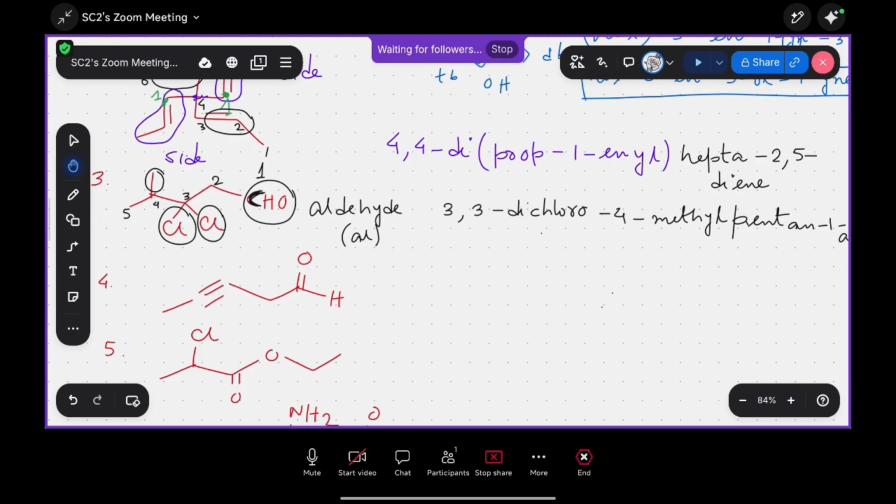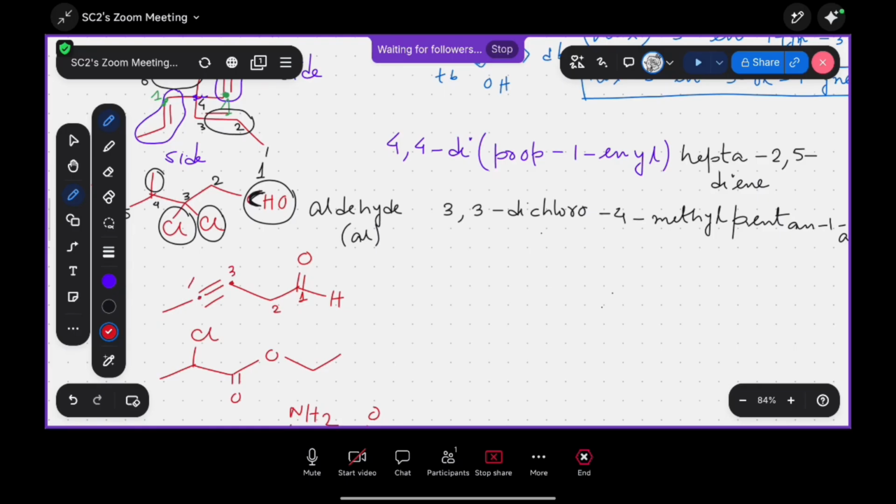What do you see? There is no side chain here. Again, this one is the functional group having a carbon atom. This is carbon 1, 2, then this one is the 3rd carbon, this one is the 4th carbon, and then 5.